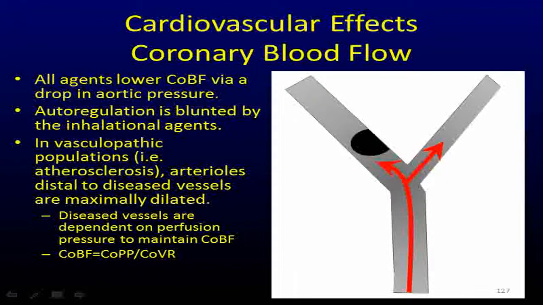Now, what is that? Well, we know that coronary blood flow is affected by autoregulation, and we know that autoregulation is affected by diseased vessels, right? If I've got a stenotic heart vessel because of a plaque or an occlusion or whatever, distal to that occlusion, and here it's represented by this blackness, this problem there, everything beyond that is maximally dilated, right?